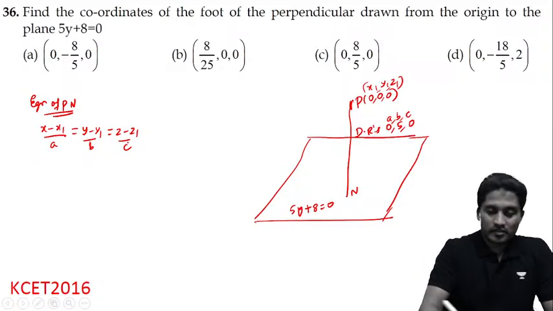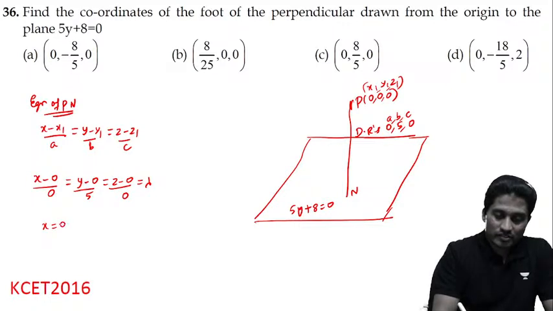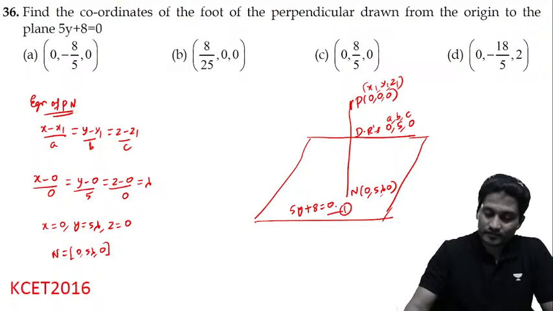Equation of line PN will be equal to x minus 0 by 0 equal to y minus 0 divided by 5 equal to z minus 0 divided by 0 is equal to some scalar lambda, let's say. Get x is equal to 0, y is equal to 5 lambda, z is equal to 0. This foot of the perpendicular will be equal to 0 comma 5 lambda comma 0. Call it equation 1.